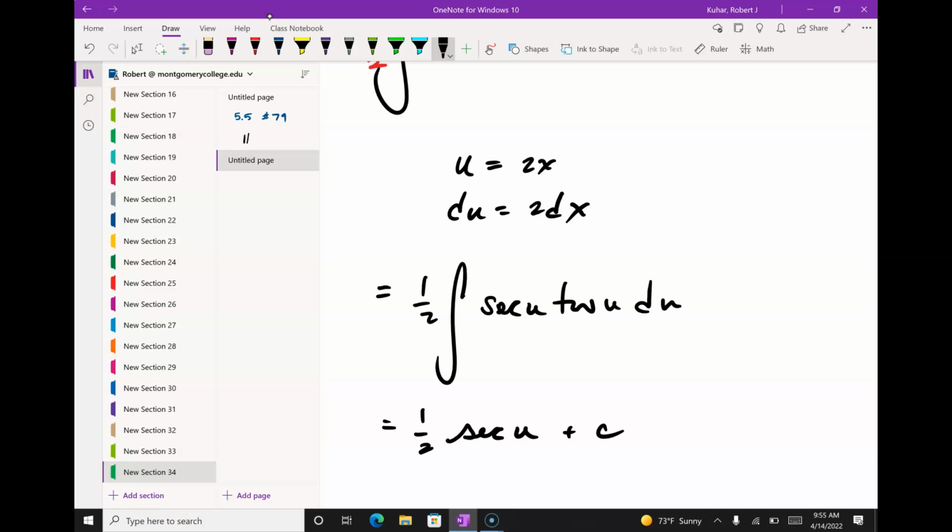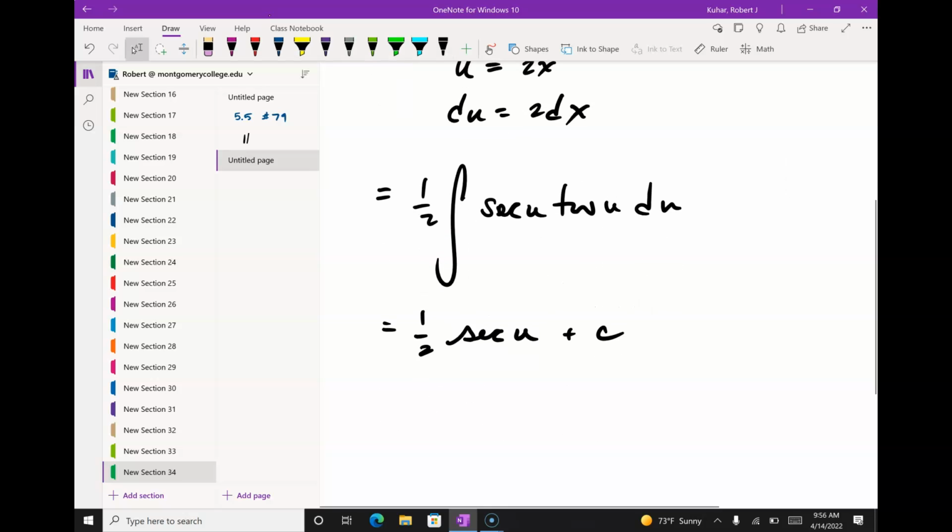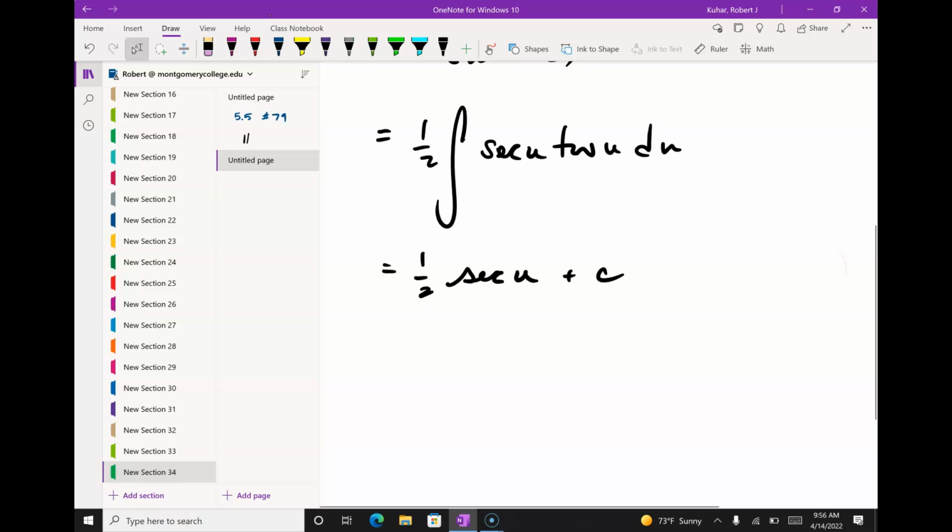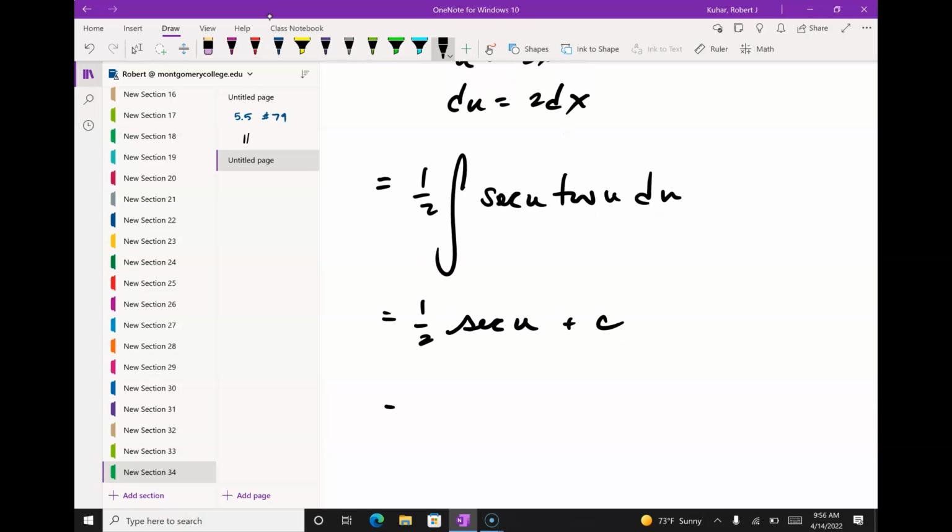The derivative of secant is secant tangent. So look at that. I had a u inside, and then I went back to level 3, or level 4, where I saw one. I know the derivative of secant is secant tangent. But what is u again? It's 2x, right?